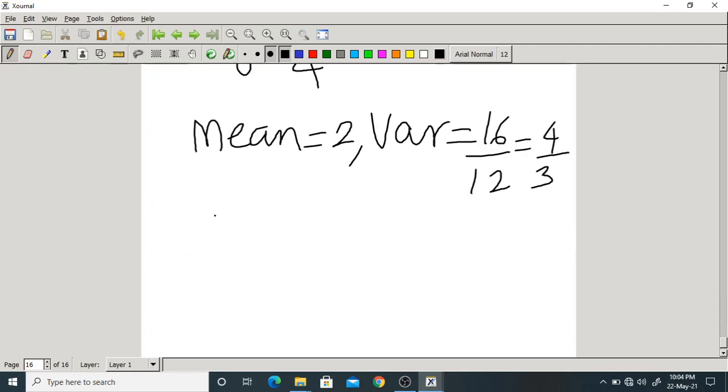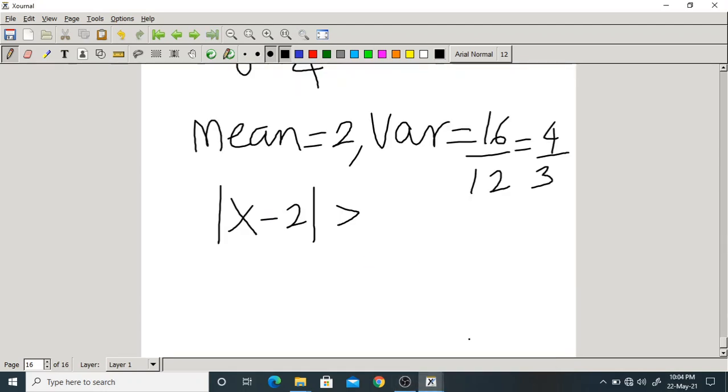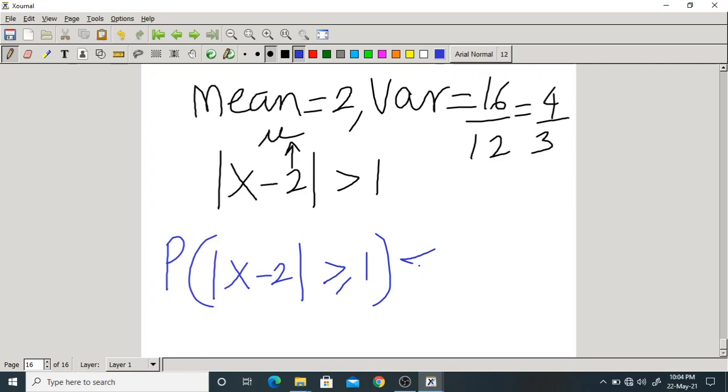What are they asking? Mod of x minus 2 greater than or equal to 1. So here what is 2? 2 is nothing but mu. So it is in the standard form of Chebyshev inequality. So this probability is obviously less than or equal to sigma square by c square.